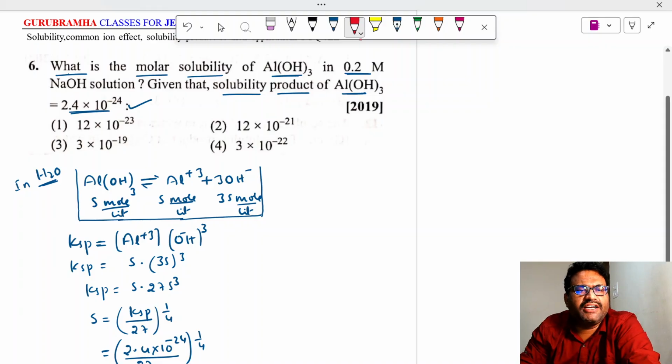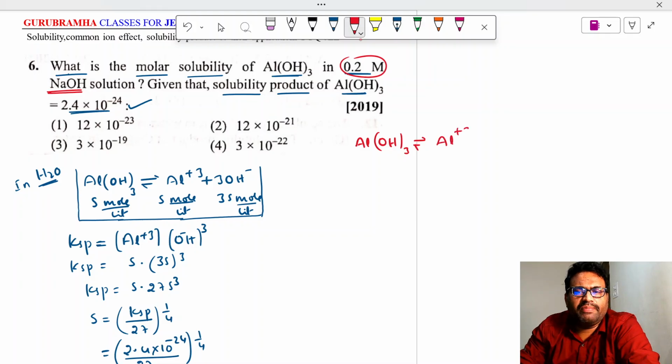The actual question is that in 0.2 molar NaOH solution, along with this, Al(OH) whole thrice gives rise to Al plus 3 plus 3OH minus. Along with this, NaOH solution is also there. NaOH is a strong electrolyte, dissociating into Na plus and OH minus. Now you see.